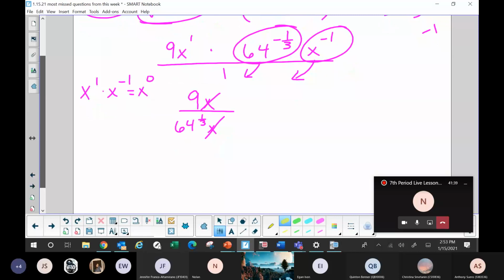Now we just need to reduce 64 to the 1/3 power. So that's really the cubed root of 64 all raised to the first power. Well, what is the cubed root of 64? You can type that in your calculator. What times itself 3 times gives you 64?